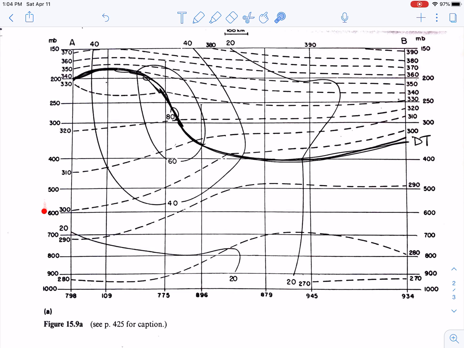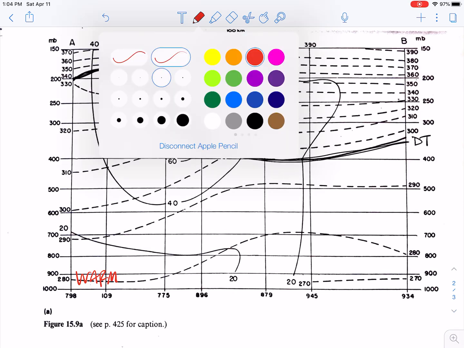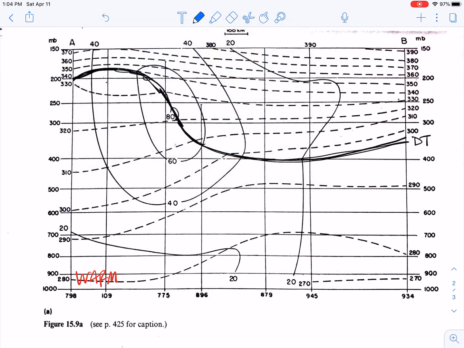Our pressure levels are indicated on the side, and where our tropopause is higher, we can generally tell that the average temperature of the layer is warmer, and so we could indicate that we have generally warm air down here. And then to the north, we have generally cold air with a shallower tropopause.